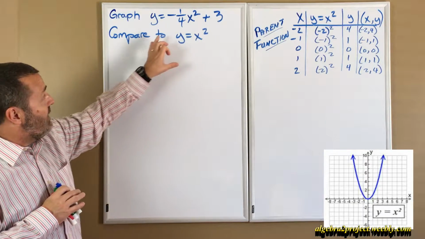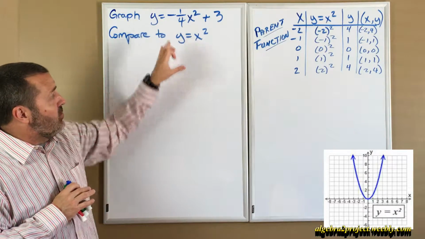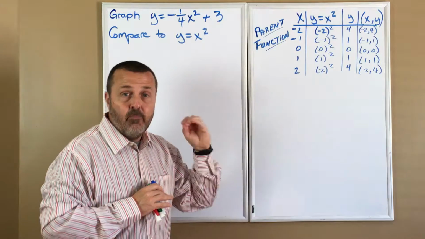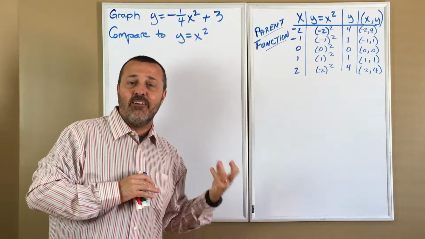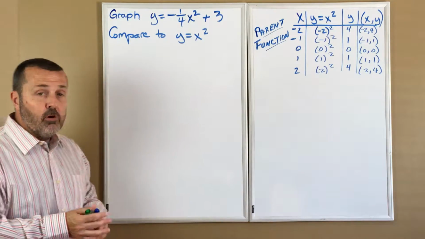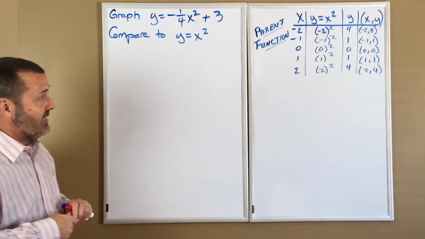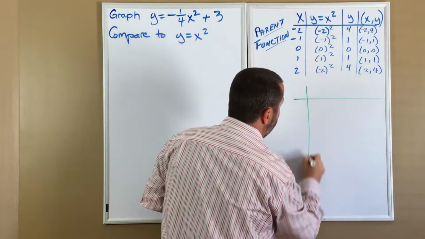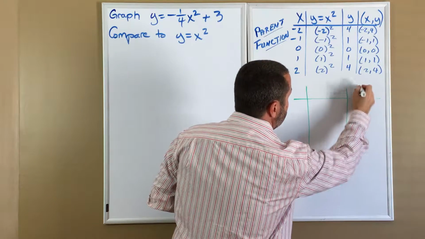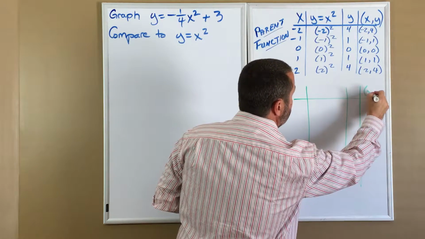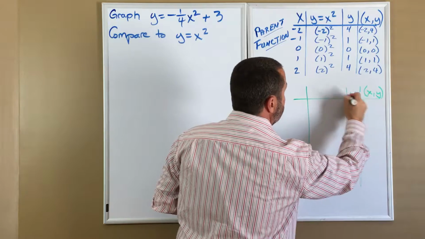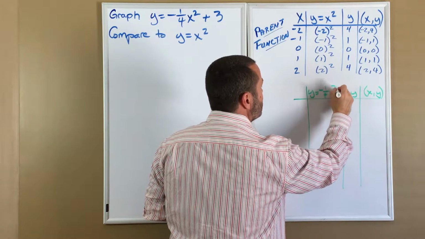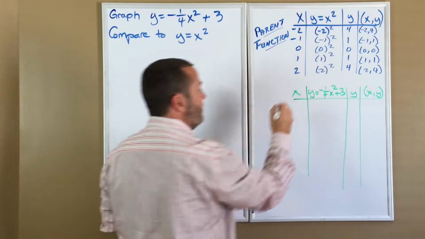Let's go ahead and get y equals negative 1/4 x squared plus 3, and let's get our data for that one. We'll use green ink for that. Negative 1/4 x squared plus 3.